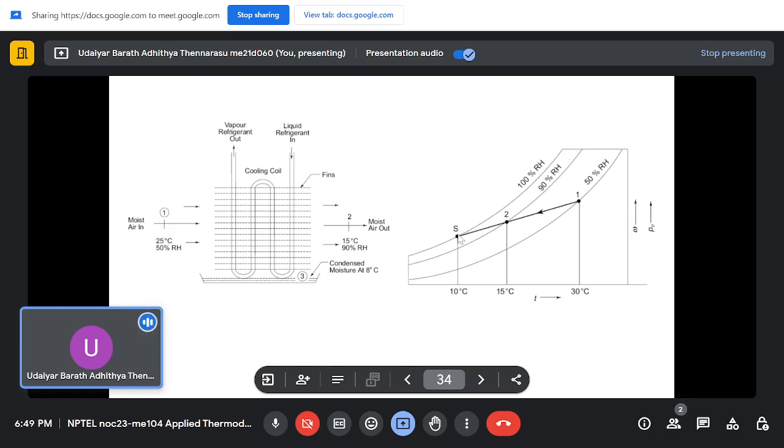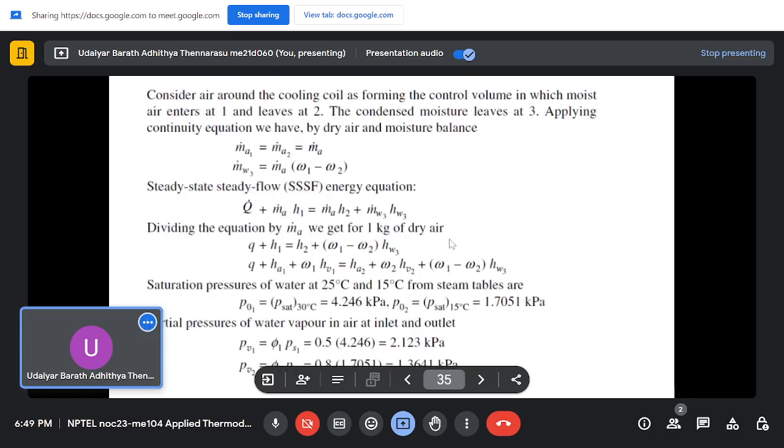So this point will be your dew point temperature. So at that point you will start forming drops of condensation. The water vapor will start condensing. So if your cooling coil is below your saturated or adiabatic dew point temperature, your cooling and dehumidification process will happen.